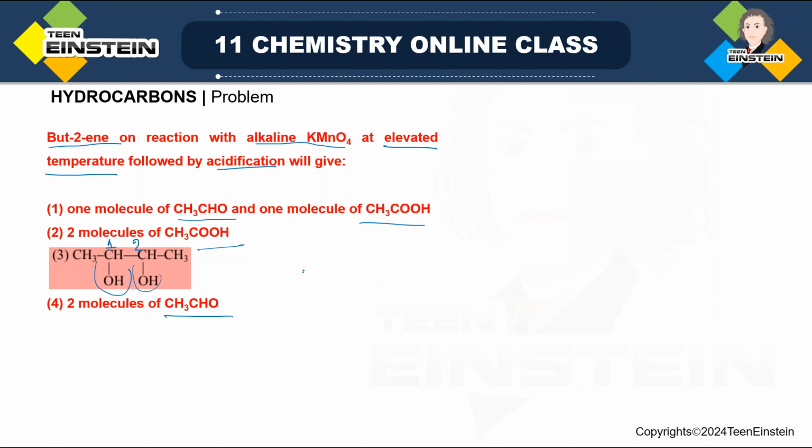First draw the structure. Butene is 4 carbon. Now remember the type, this is the type where you have one H and one R. So when it occurs, what do we get?